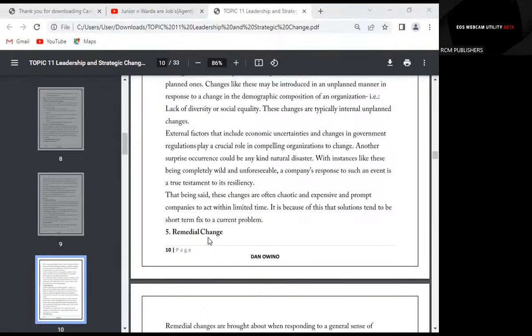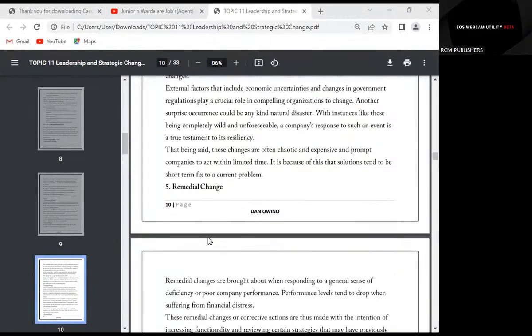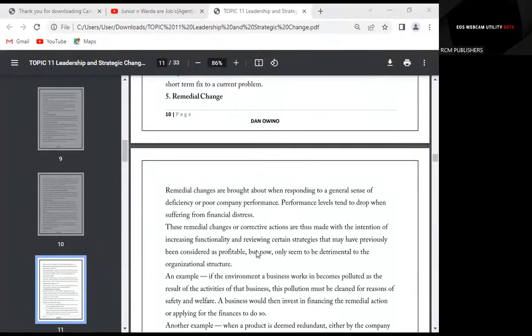Remedial change, by its nature, is just meant to correct a situation. It is taken to respond to a certain situation, like in this case, when responding to a general sense of deficiency or poor company performance. So they are taken as a corrective or remedial measure.